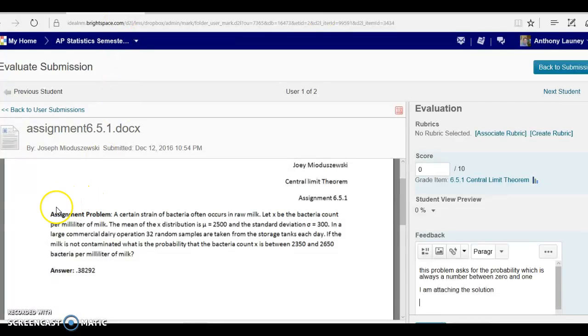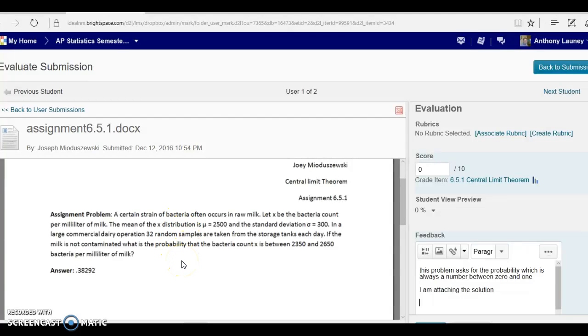That's the reason I'm sending you this video, because this is such an important concept, the central limit theorem. I hope I've done it some justice here, but you really should read up on it. Basically, the more I sample, so on this one I got 32 samples, now I can be 99.5% confident that this milk is not contaminated with this strain of bacteria.